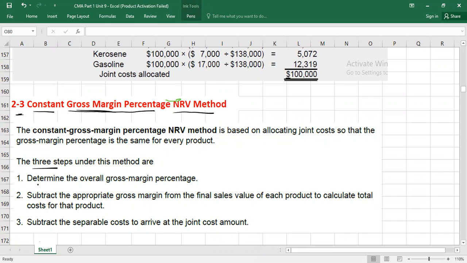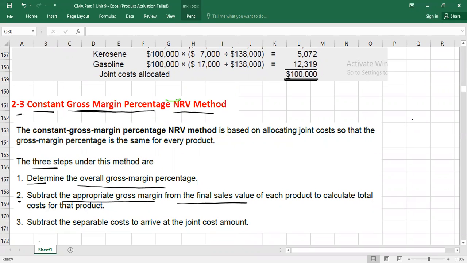Step number one is what? Determine the overall GP percentage. GP stands for gross profit percentage. We will calculate here first step: what is the total percentage of gross profit for all products? Then step number two, what's written here? Subtract the appropriate gross margin from final sale value.